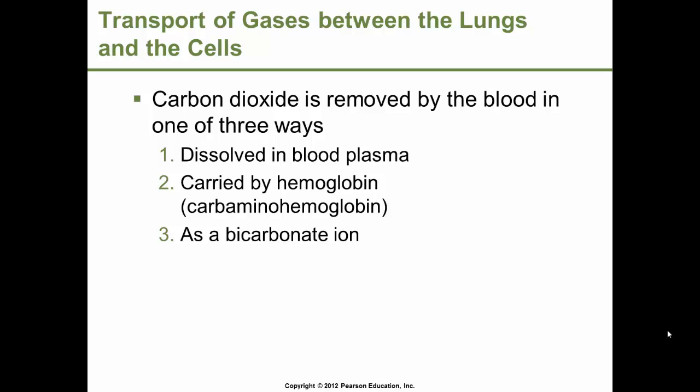Carbon dioxide is removed by the blood in one of three ways. Either dissolved in the plasma, which accounts for about 7 to 10%, carried by hemoglobin, approximately 20%, but about 70% is carried as a bicarbonate ion dissolved in the plasma.